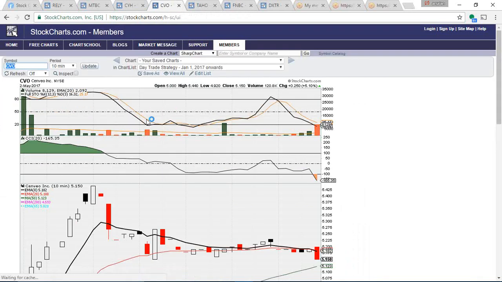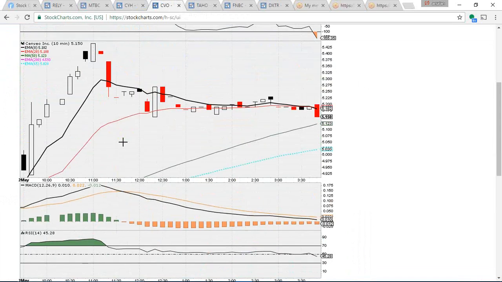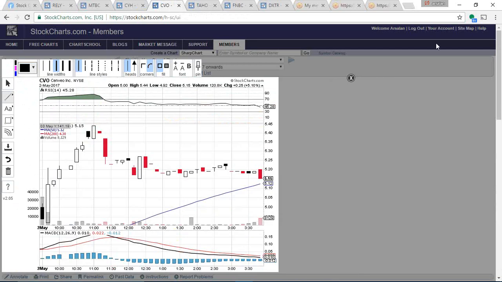We can now move on to CVO. I'm not sure if I alerted this one in the group chat, but I personally bought this one myself, and it was a very, very simple, very easy buy and sell.